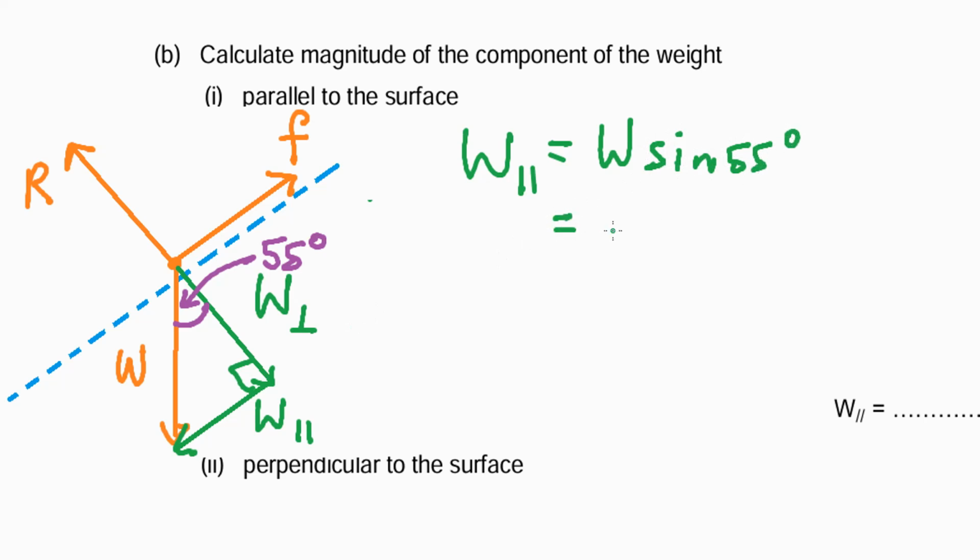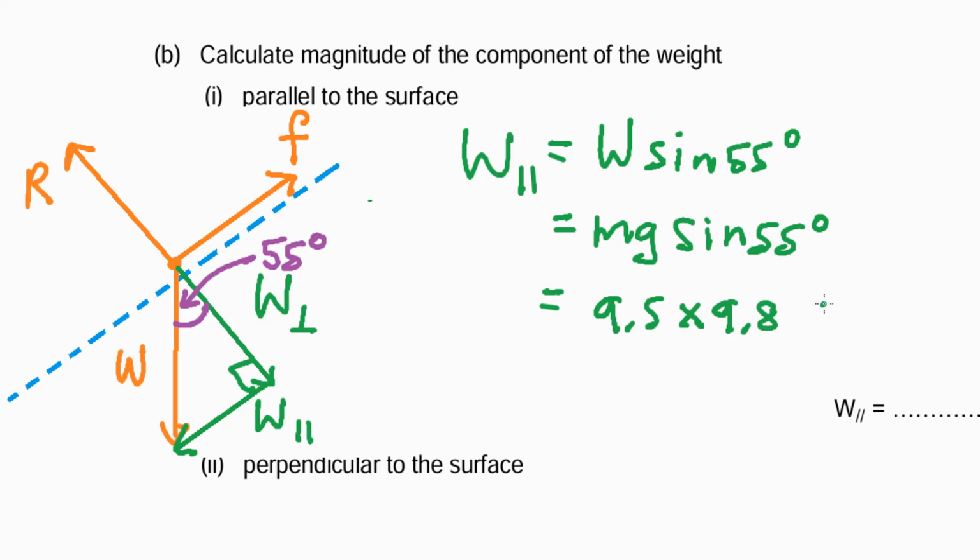Of course, W is equal to mg. The mass is 9.5. G is 9.81. And we can do this on a calculator.